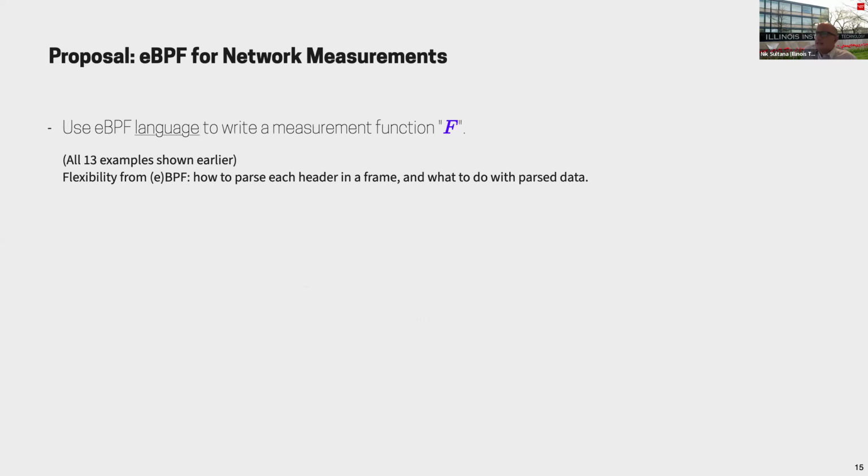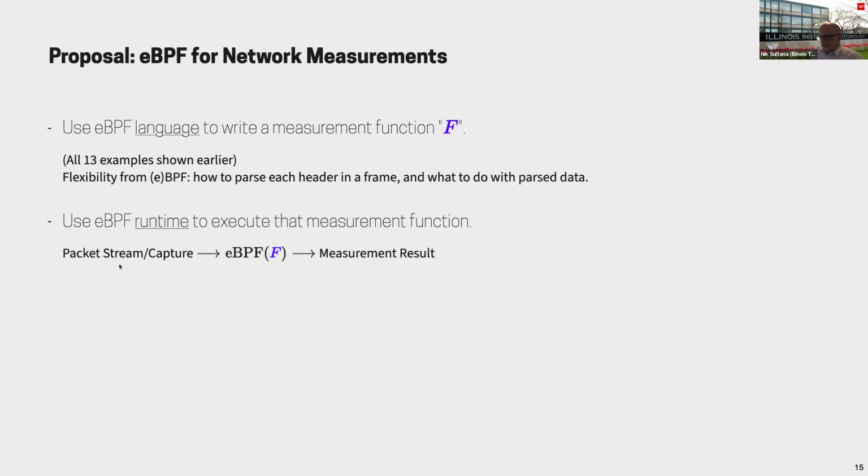So what I mean by using eBPF to encode network measurements is to use the eBPF language, and I'll show you a snippet of that soon, to encode a measurement function that's going to be applied to packets as they come in. And then it's going to make calculations and then call some external functions that are going to maybe post-process and ultimately store the results of these functions.